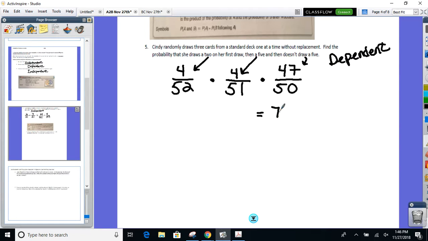I didn't reduce this one either. I kept it large. If anybody has the reduced answer, I'll hear it.